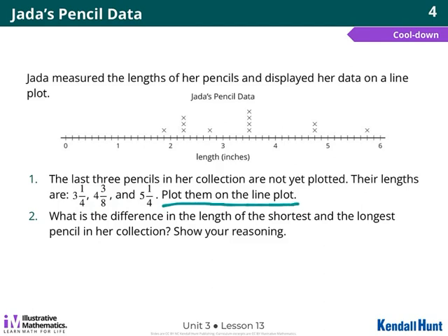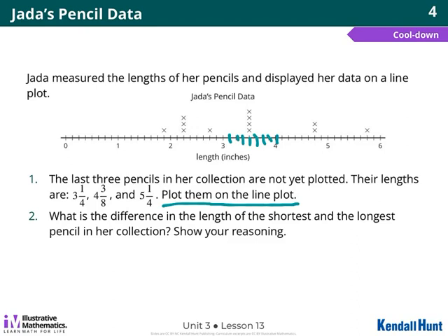Okay, let's start with 3 1/4. I see 3 holes, so first I find 3 holes, and then 1/4. 1, 2, 3. Oh, this is split into 8 equal parts.